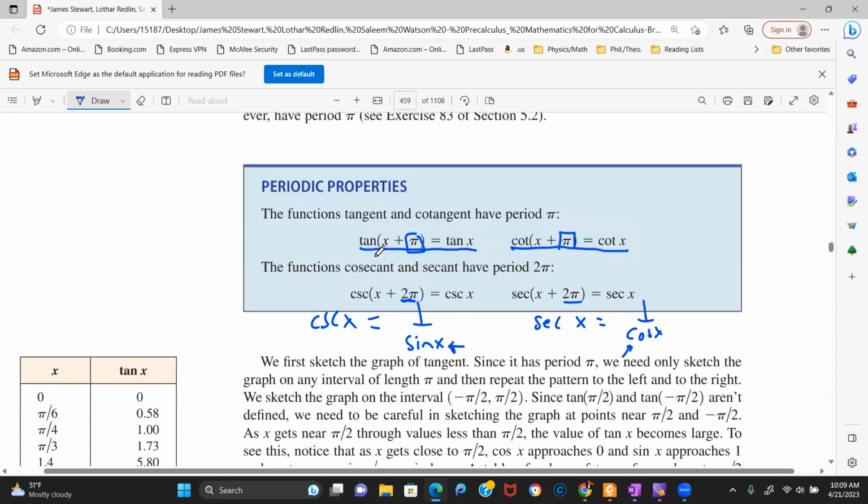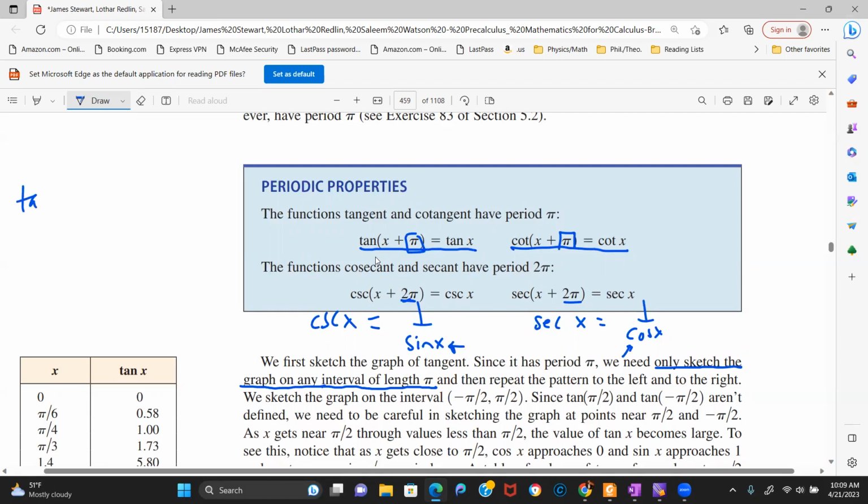Since the function is periodic, we only have to sketch the graph over an interval of length pi, as it says here in the book.